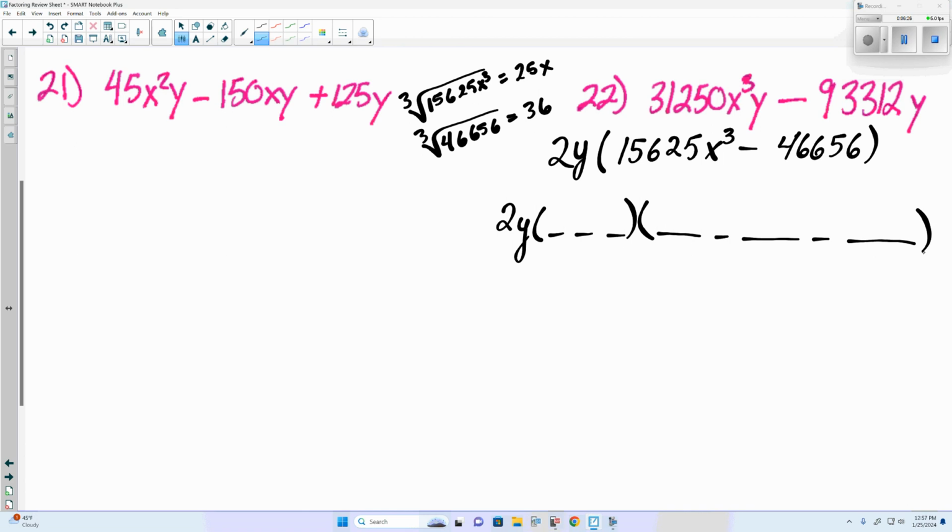Because once we see the pattern, it's hard not to see it. It's one of those things, once you see it, you can't unsee it. Our signs are going to be the same, opposite, always end on a positive note. So negative, positive, positive.